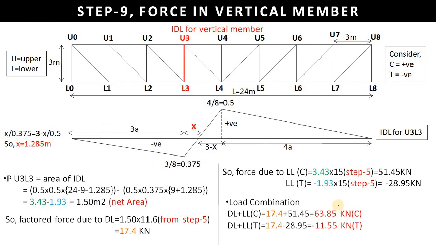Similarly, moving on to the member U3L3, it will be similar to what we have seen in the vertical member U1L1. In this case we have the load combinations as 63.85 kilonewton as a compression and the second load combination as 11.55 kilonewton, which is in tension. And we will move for the center part only. As we know, the value of the right hand side will be equal to the left hand side.